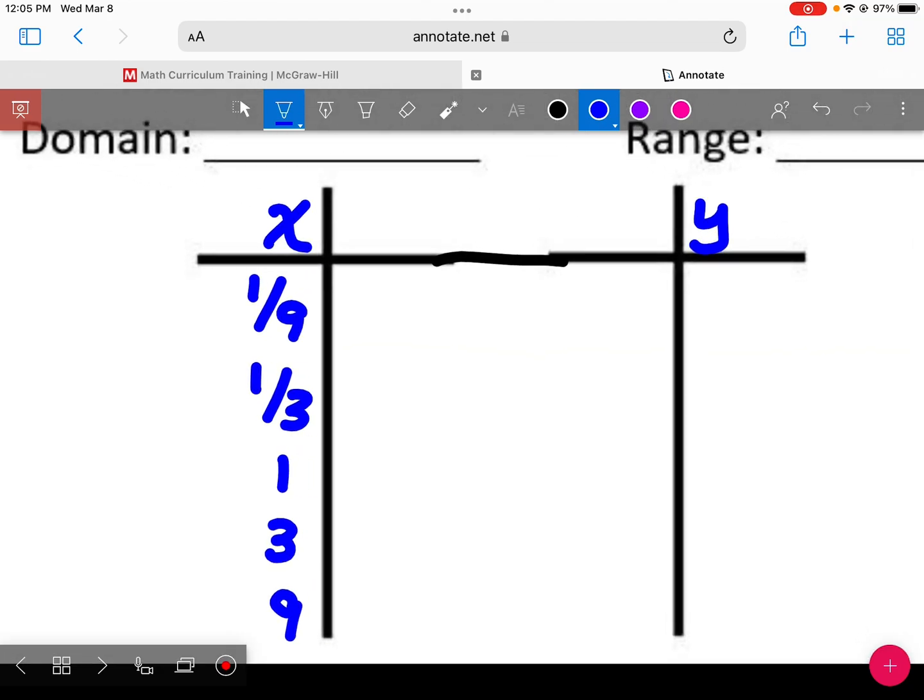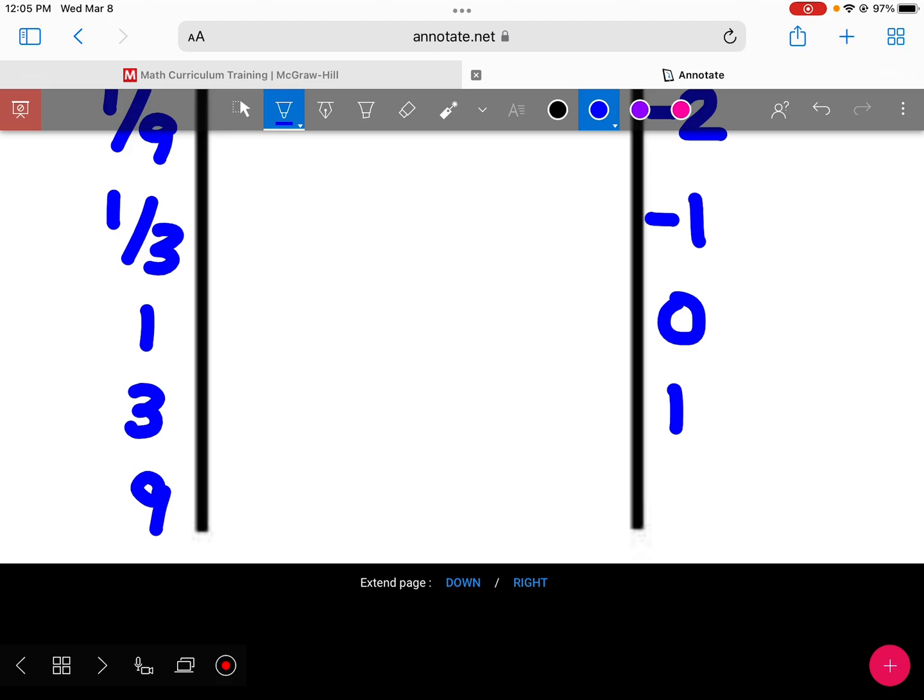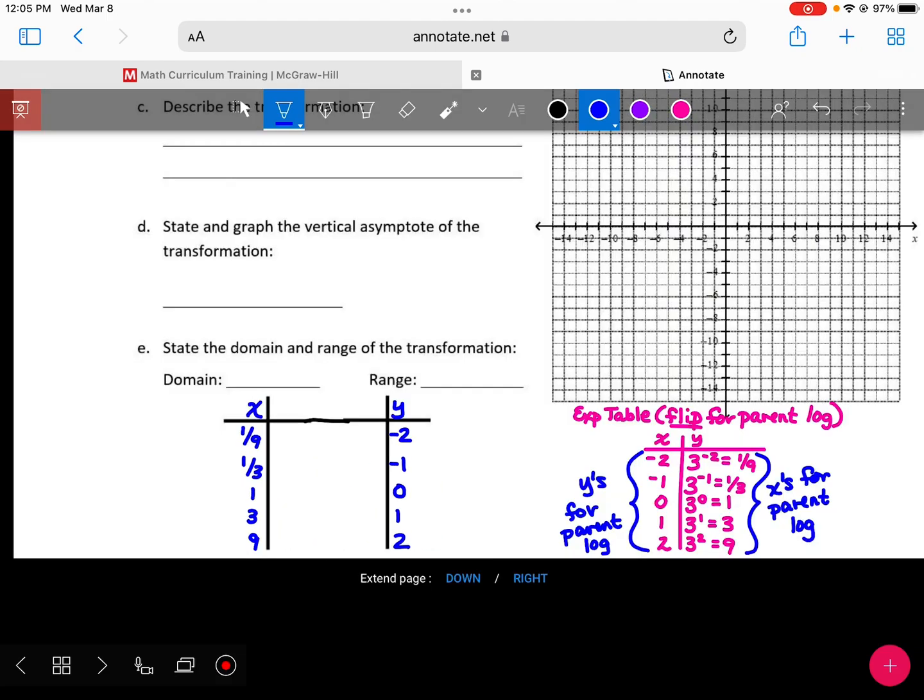So what goes down the y side? -2, -1, 0, 1, and 2. We took that pink table and flipped it around. The exponential table gets flipped for the parent log. Let's go graph that. We don't graph the pink one. That's an exponential. We're supposed to graph the log.